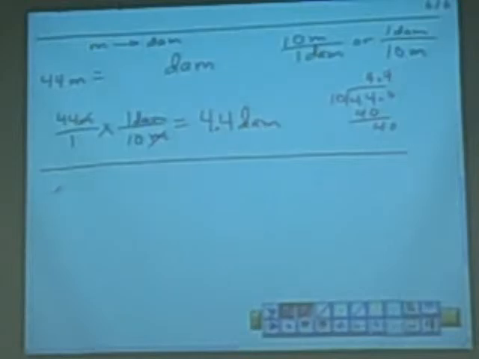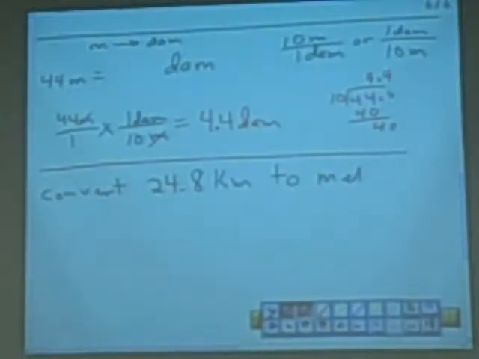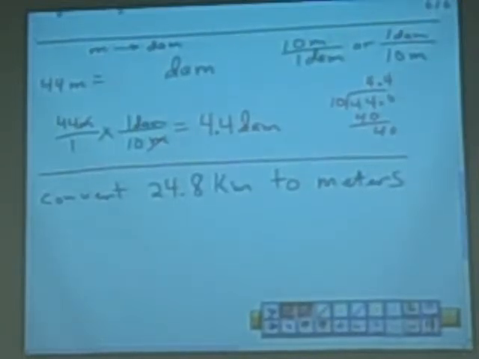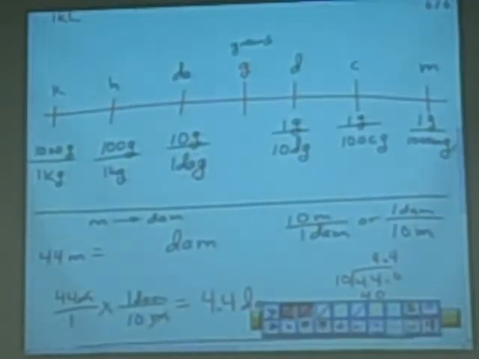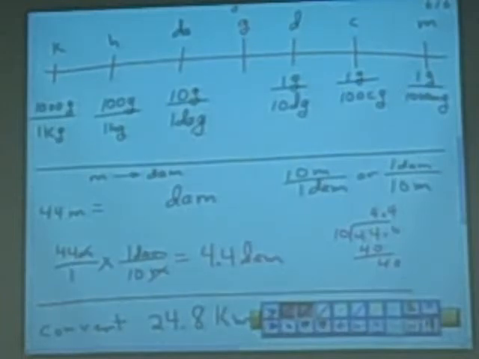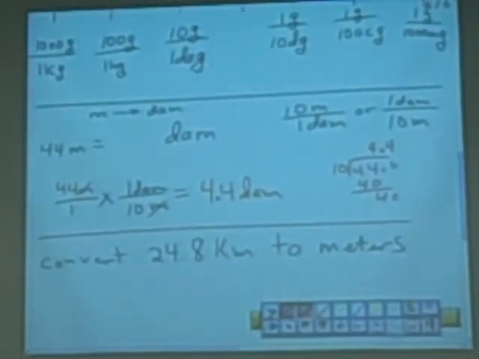We want to convert 24.8 kilometers to meters. Okay, so we're converting kilometers to meters, right? So we look at our chart, and whether it's grams, liters, or meters, we're going kilometers to meters, right?